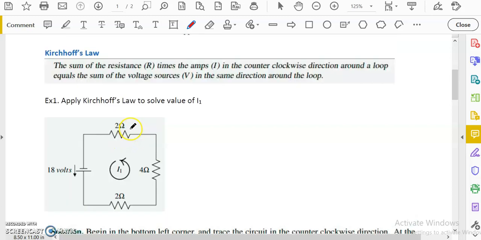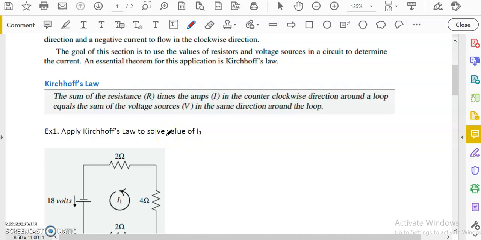Kirchhoff's rule models the behavior of current and voltage: the sum of resistance times current, R times I, in the counterclockwise direction around a loop equals the sum of the voltage sources in the same direction around the loop.